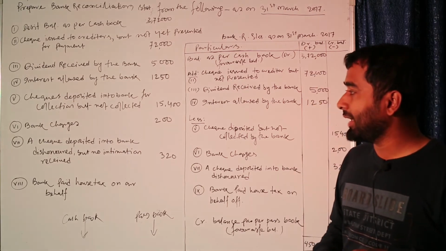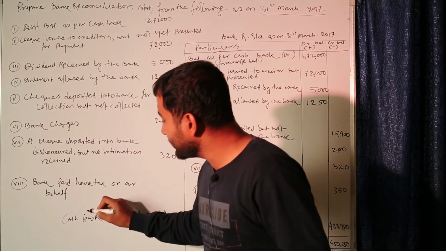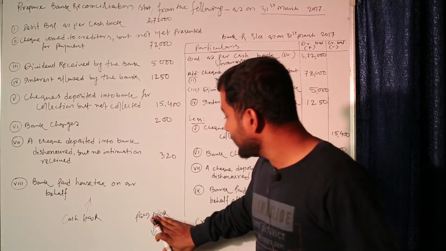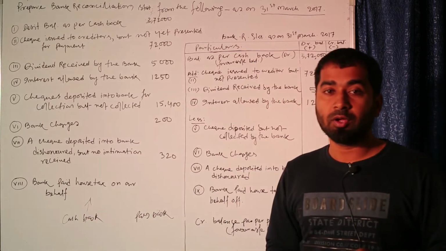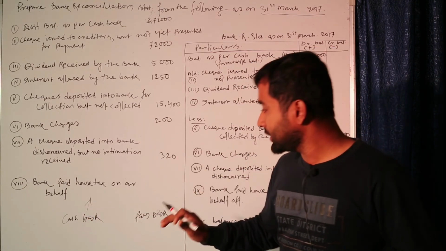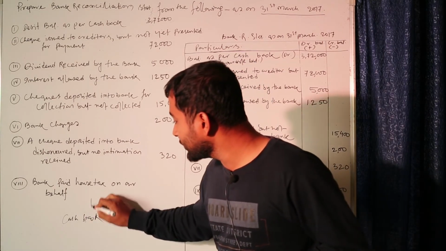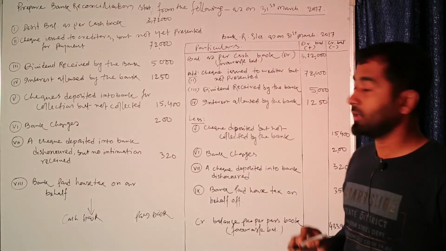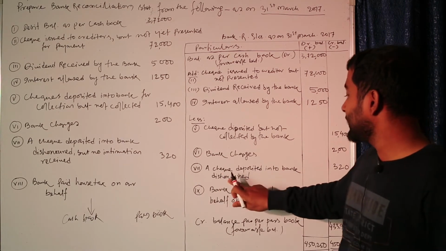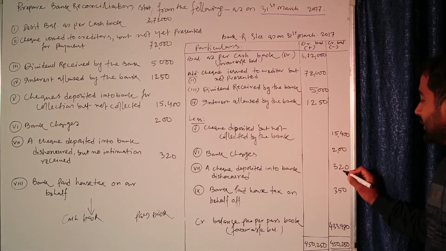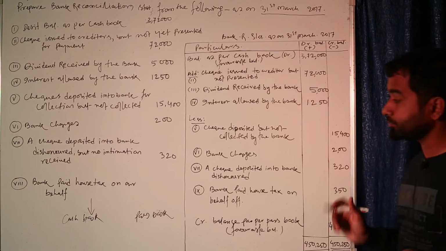At that time, you thought that the money will be added to the passbook, so you also increased your cash book, but it is dishonored. So that money is not deposited to your passbook, so you should subtract it again. So I have written here check deposited into bank dishonored, 320 in the credit column, minus column.